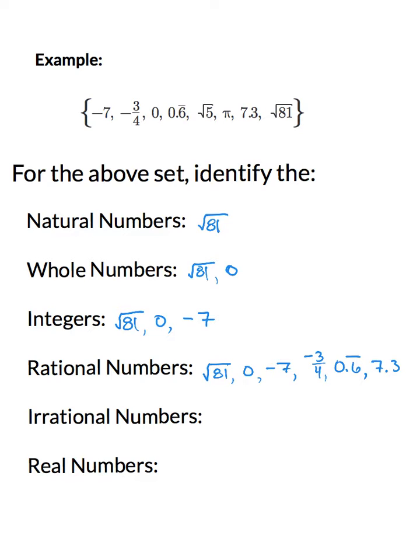Well, the ones that we have not looked at yet is the square root of 5. That is an irrational number. And we have not looked at pi. Pi is an irrational number. And that takes care of every single number that is in our set.